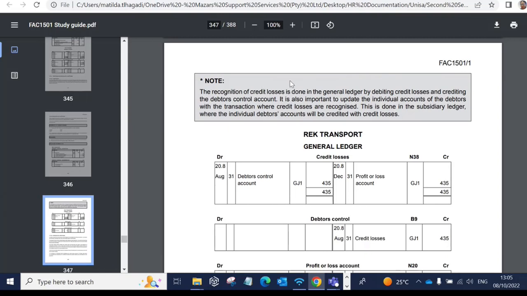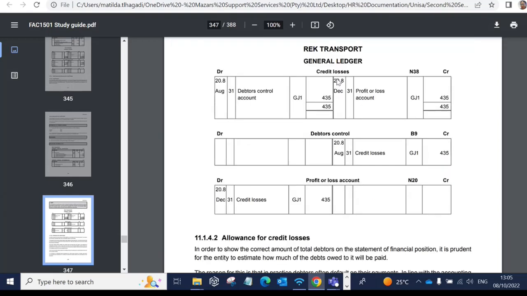The recognition of the credit loss is done in the general ledger by debiting credit loss and crediting debtors control account. It is also important to update the individual accounts of the debtors with a transaction where the credit losses are recognized. This is done by the subsidiary ledger where the individual debtors accounts will be credited with credit losses.